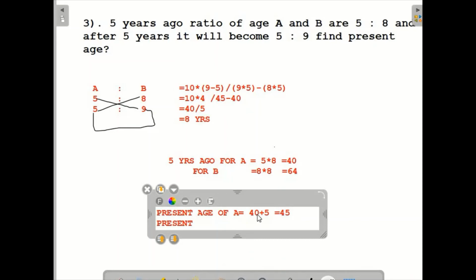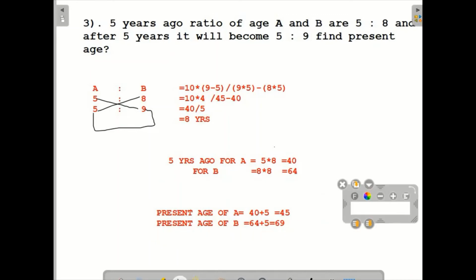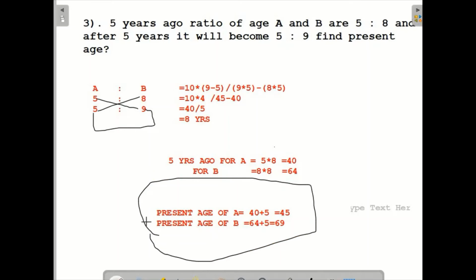Present age of B equal to 64 plus 5 equal to 69. Okay. So we have calculated the present age of the persons.